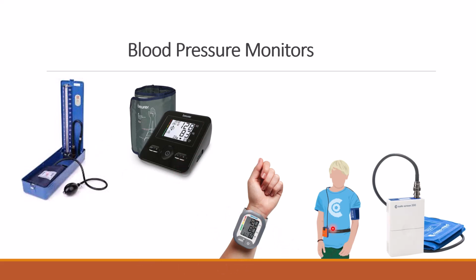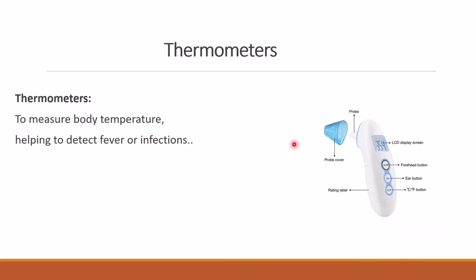The second type of devices is the thermometers. The thermometer is used to measure the body temperature, and it's very important, especially for pediatric patients. We use it to detect if there's a fever or infection in the patient. The most common type of thermometer used in home care is the infrared thermometer. It uses infrared to detect the patient's temperature from the ear or from the forehead.